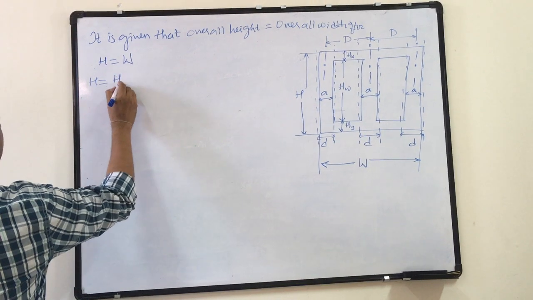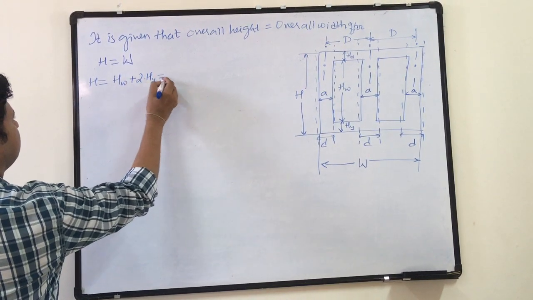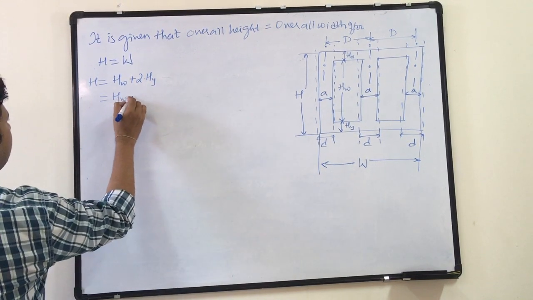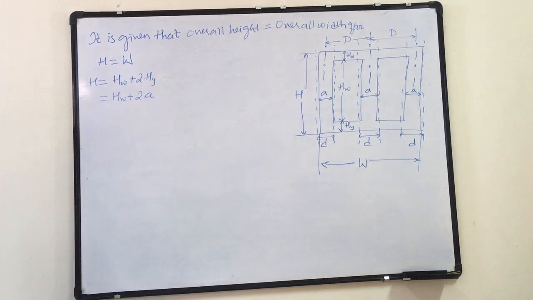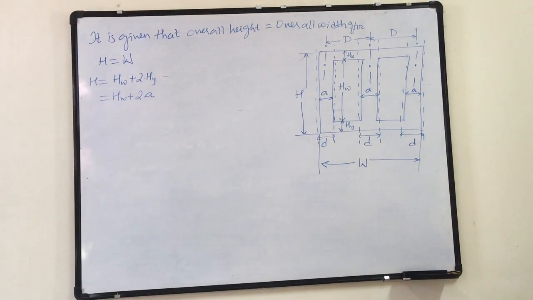That is height of window plus 2 into height of yoke. And this is equal to height of window plus 2 into A, because height of yoke we have taken equal to the width of largest stamping, so that is equal to A. So height of window plus 2 into A.